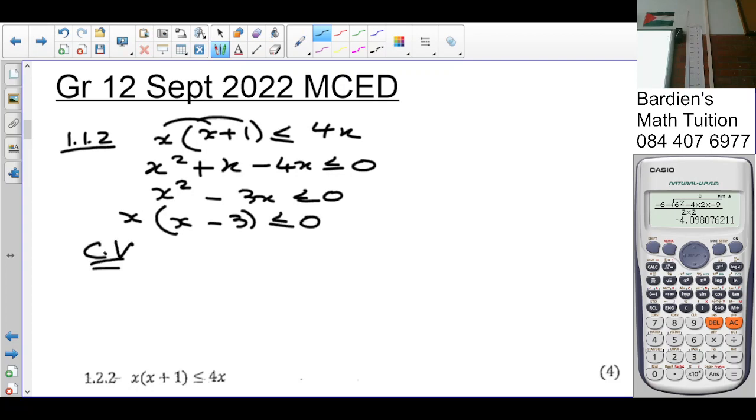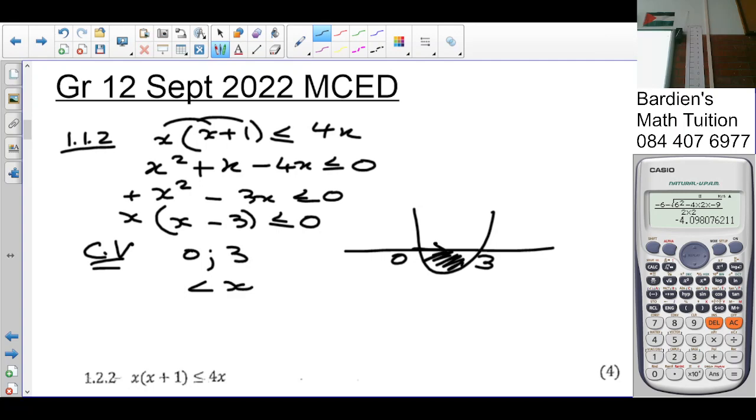You get what we call critical values. The zero values are 0 and 3. The graph is smiling, as you can see, it's positive outside 0 and 3. So it has to be less than or equal to 0, of course, below the line. In other words, x must be greater than 0, but less than 3. As you can see, it's an equal sign as well, so we'll have equal to. Okay?